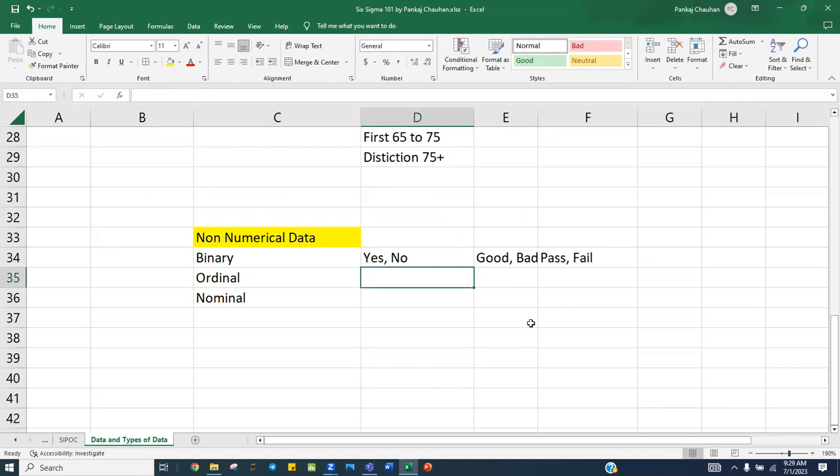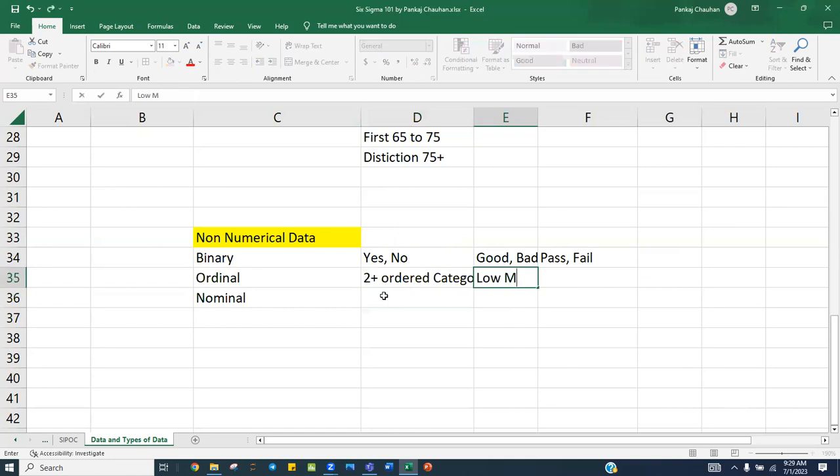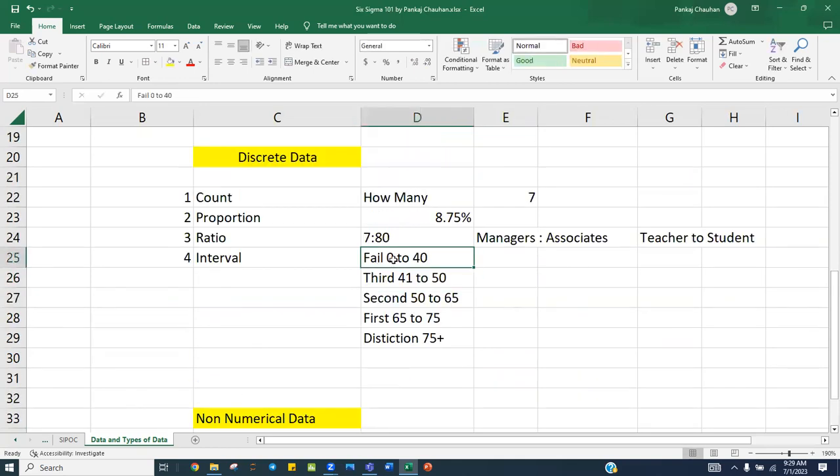Ordinal data is when you have more than two ordered categories, because if it's two, then it's binary. But if you have more than two ordered categories, then it will be ordinal. Example: low, medium, and high. Even your grading system, fail, third division, second division, first division, and distinction, is ordinal data.